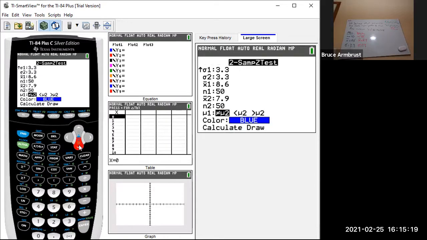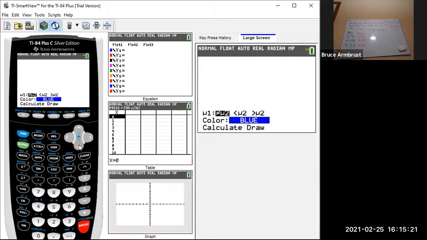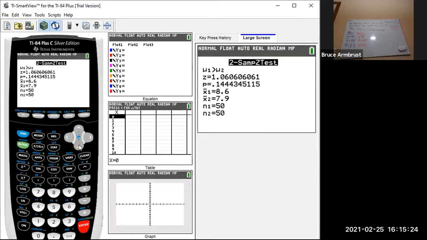All right, so I'll arrow down, hit calculate, and it spits out some numbers. Remember what it's giving us. The Z is the Z-score, the number of standard deviations away this result is.